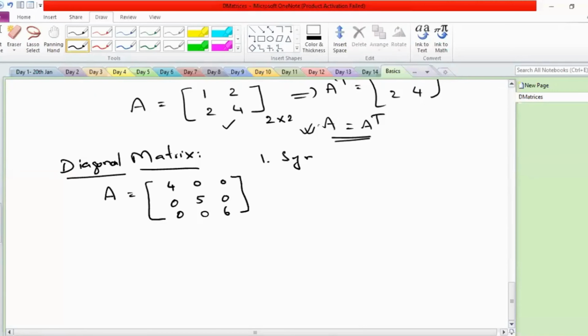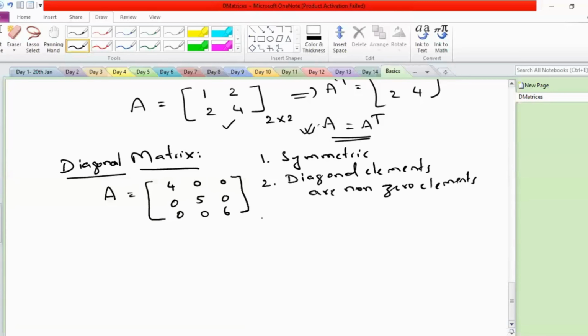First, the matrix should be symmetric. Second condition, diagonal elements are non-zero elements. Third, off diagonal elements are zero.